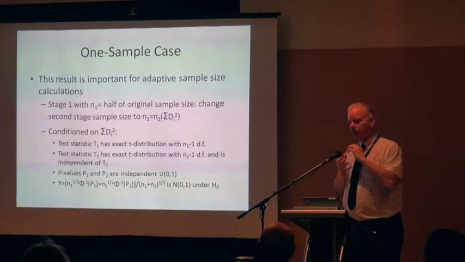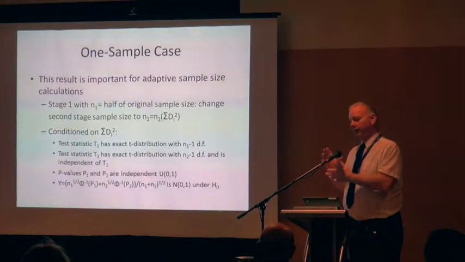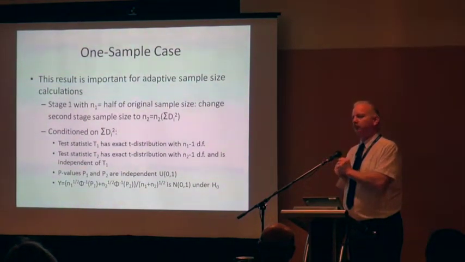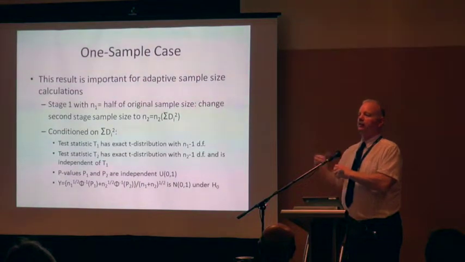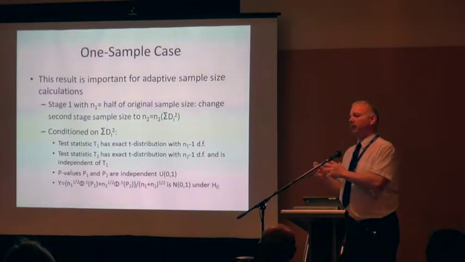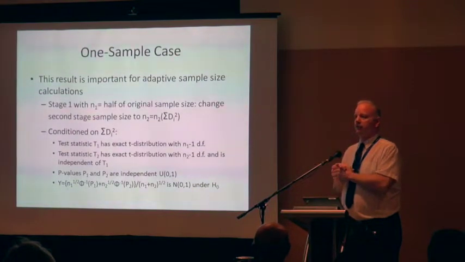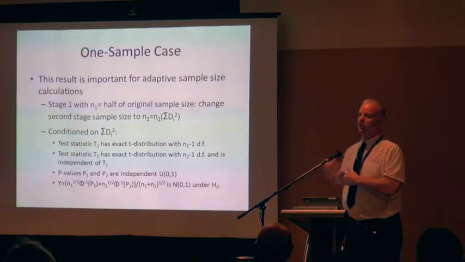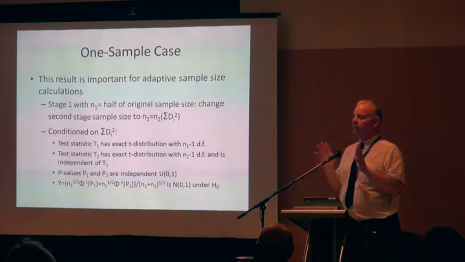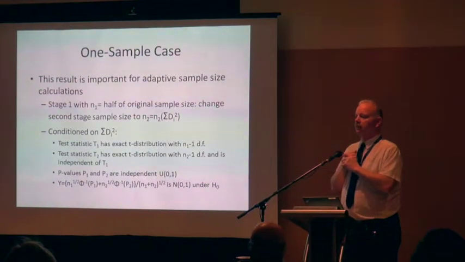So you're able to look at the data and deduce an estimate of the variance, and then change the sample size accordingly so you have good power to detect the given delta with this new estimate of the variance. Sorry, I should have made that more clear.